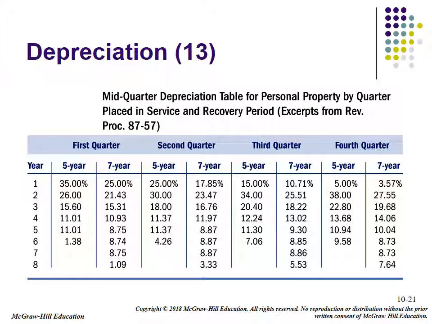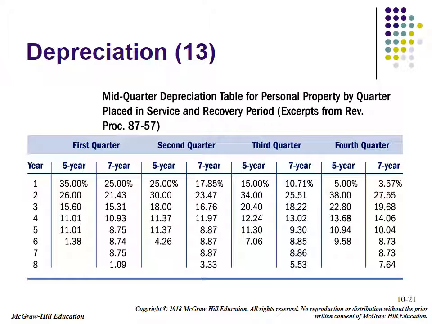So there's no mid-quarter convention. Now I know I'm on the mid-quarter tables, so you're going to have to flash back or check in your book for the percentages we're about to use. I memorize them. Since we don't have to use mid-quarter, we're going to use half year. So I'm just going to write an HY next to my amount, so I know I use the half year table.